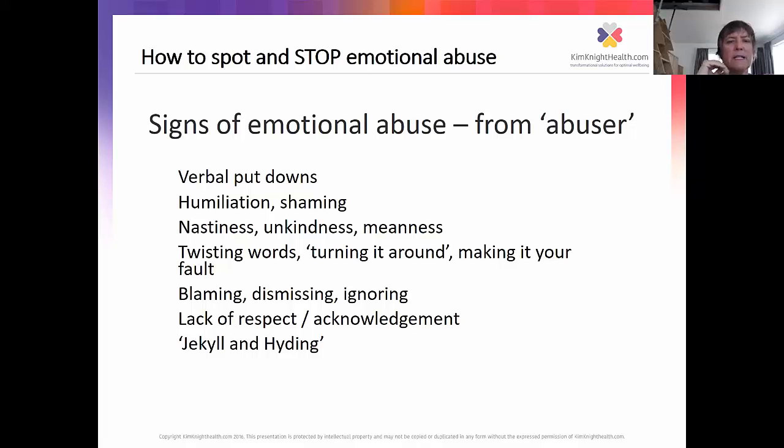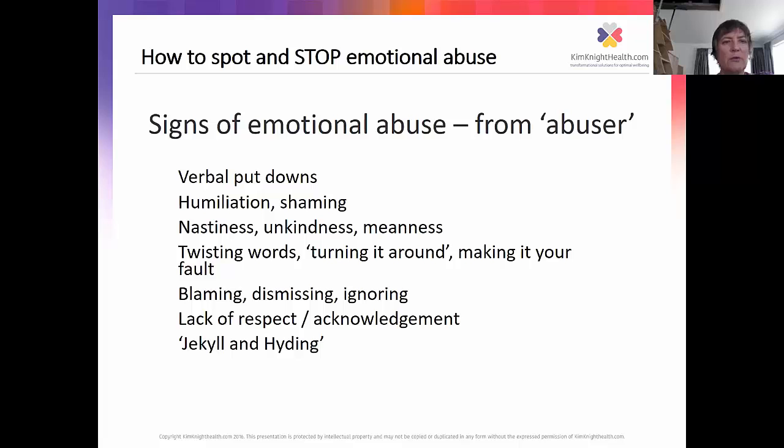There's blaming, dismissing, ignoring, a lack of respect, a lack of acknowledgement. So these are all signs of what the abuser is doing, but often we don't really recognize it until something happens where suddenly we start to understand what's actually going on.